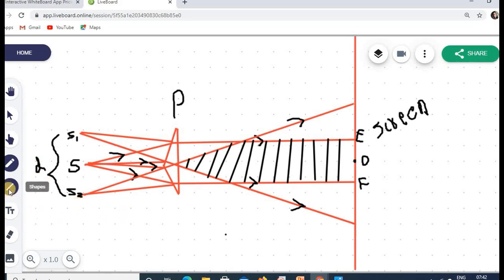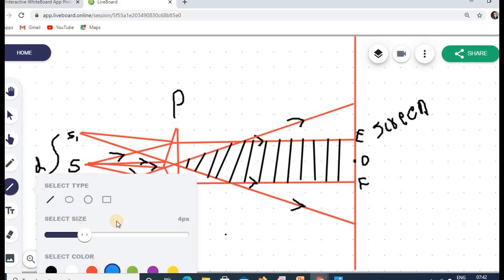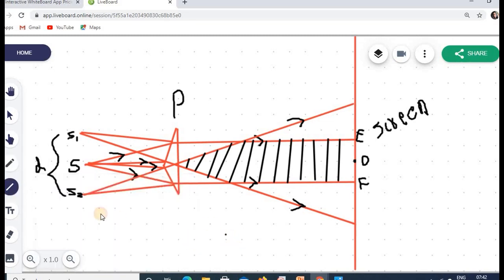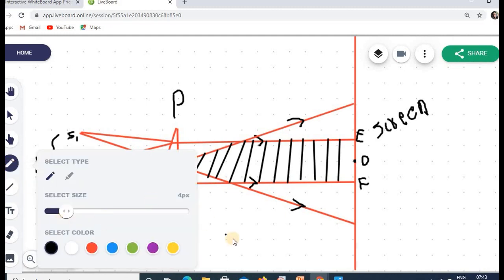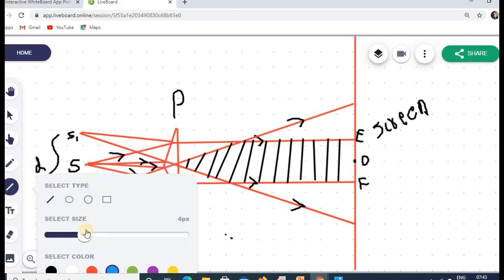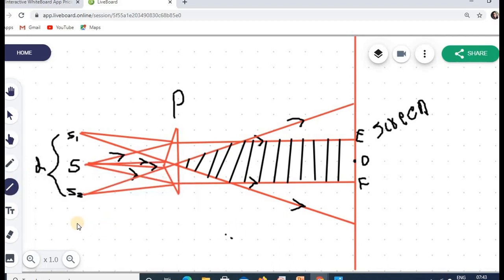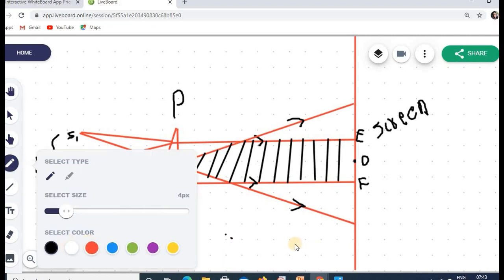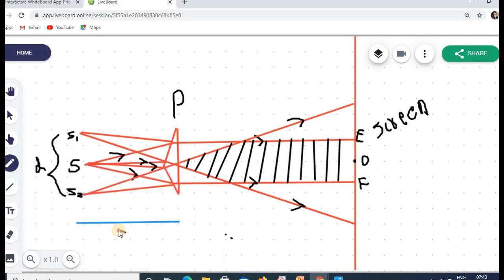This distance is from the source to the biprism, and this distance is a.